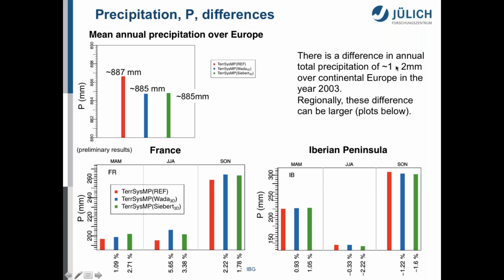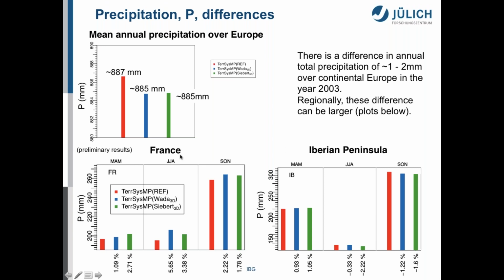Of course, considering all the uncertainty we have in these simulations, 1 to 2 millimeters appear very small. But if you talk about the global aspect, and for example the contribution of human water use to sea level rise, 1 to 2 millimeters is significant, because that's actually the water that might end up in the oceans.